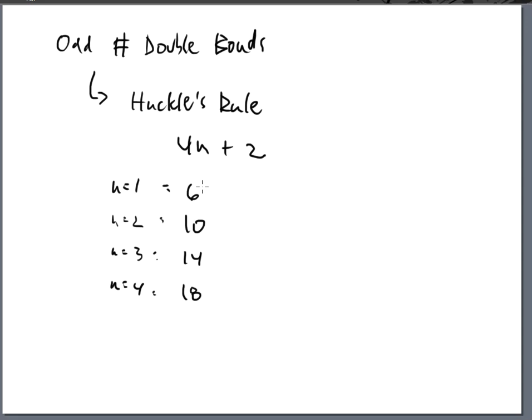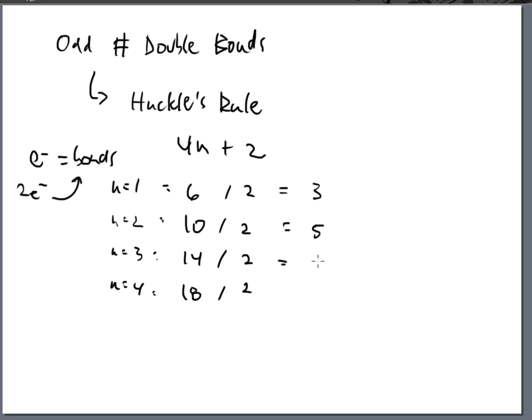I know that electrons form bonds, and I know that 2 electrons are needed to form a bond, so I'll divide all of these by 2. And what do I get? 6 divided by 2 is 3, and 10 divided by 2 is 5, and then 14 divided by 2 is 7, and then 18 divided by 2 is 9.